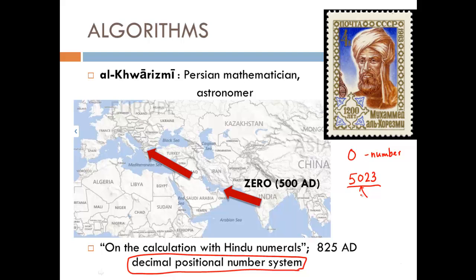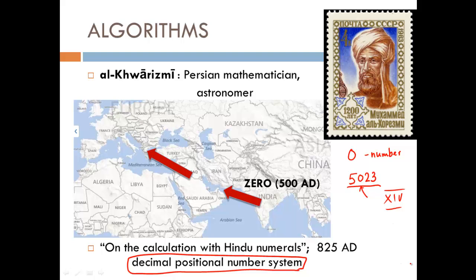And if you have this kind of positional number system, you can do algorithms or procedures for calculating numbers and functions on numbers much easier than you would be able to calculate, let's say, using a Roman number system, right? If you represented 14 like this and so on, it would be very hard to, let's say, add two numbers, right?